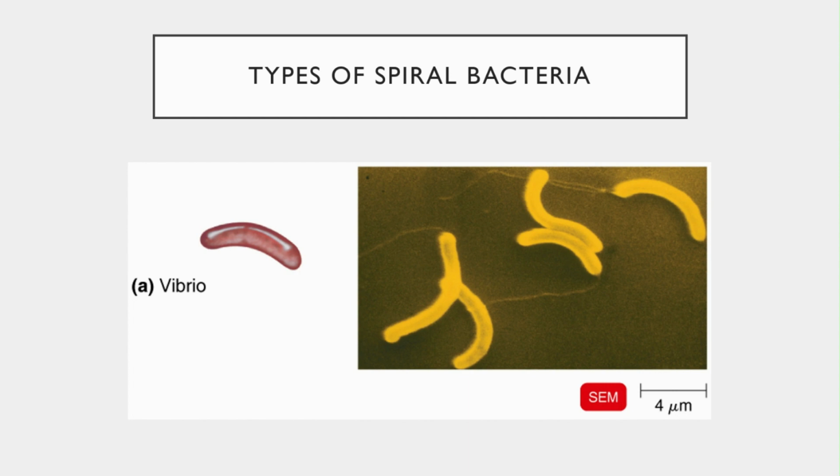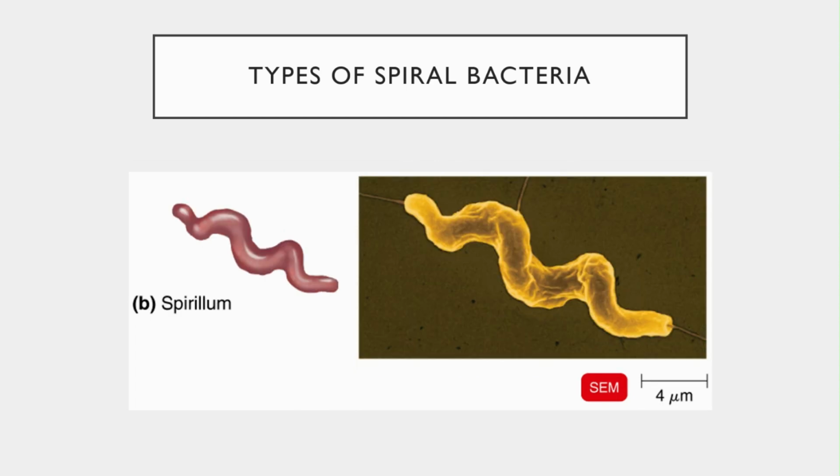Not all bacterium choose to be perfectly straight. Some bacterium have curves in them. If a bacterium has a single slight curve in it, or mild curve, it is referred to as a vibrio. If that bacterium has many curves in it and has this rigid corkscrew-like morphology, it is called a spirillum.